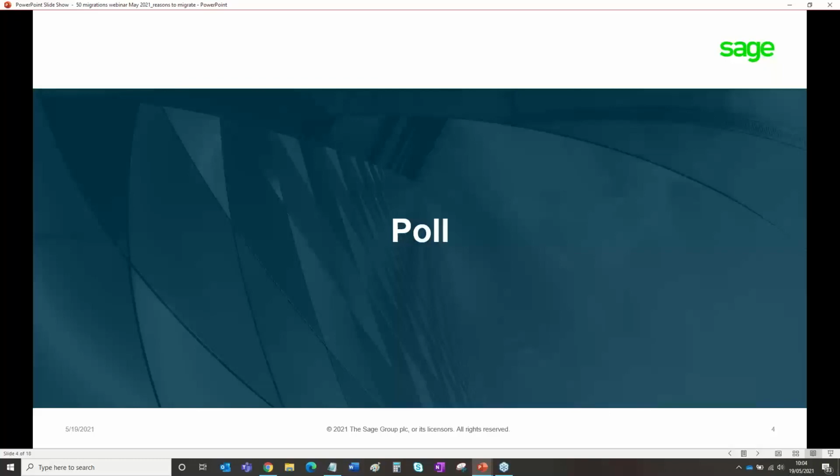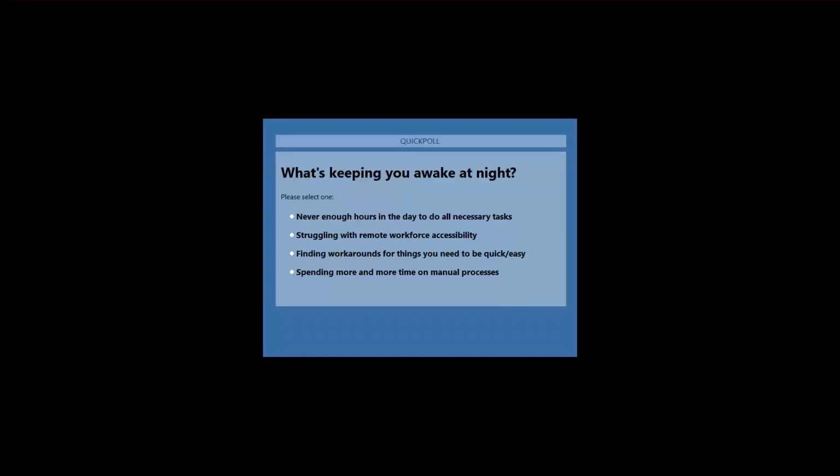So a few different answers will be coming up in a second, but is it that there's never enough hours in the day to do all of the tasks that you need to do? Are you struggling with remote workforce accessibility? And I think that's something that's really been accelerated through the whole COVID crisis.